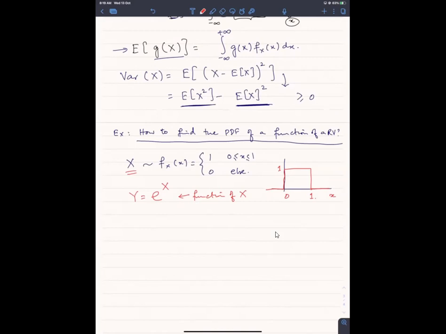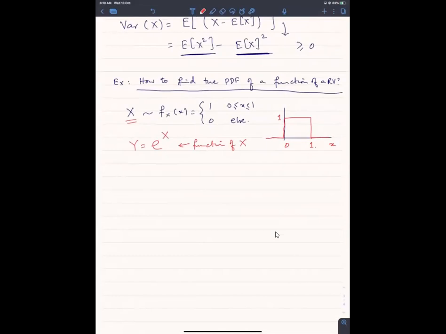In order to answer any question about y, I need to find the PDF of y. And how do I find the PDF of y? Just use the definition. Find the CDF and PDF. एक मालूम कर लिया तो दूसरा इंटीग्रेट डिफरेंशिएट करने से आ जाएगा. PDF of y, इसमें हमारा इंटरेस्ट है. क्यों इंटरेस्ट है?